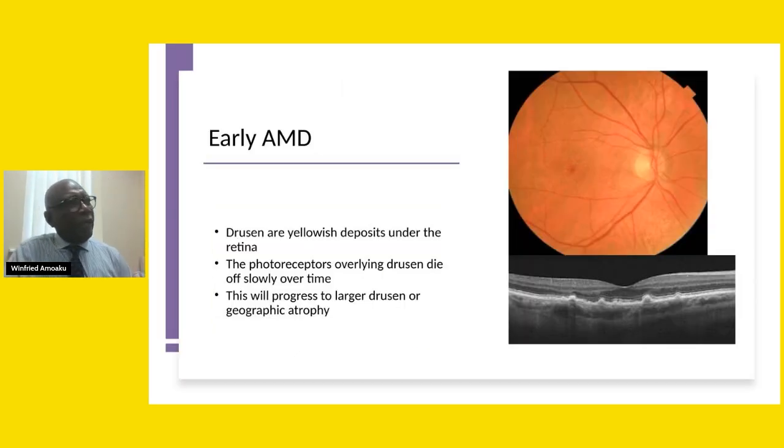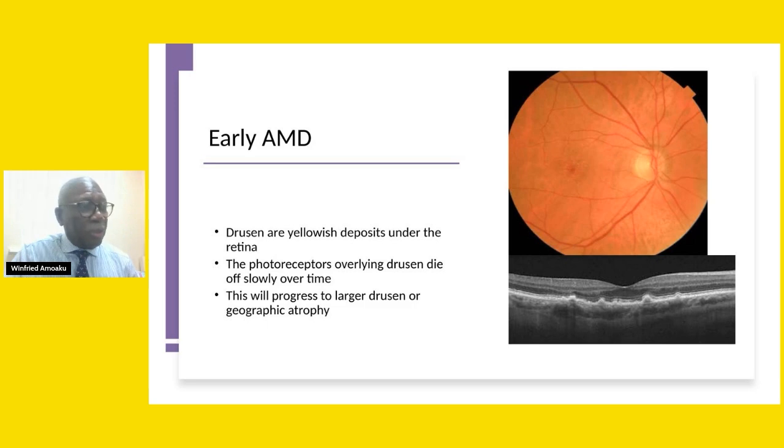Now, what about age-related macular degeneration? It's the commonest form of visual loss in the elderly in the Western world. And in early age-related macular degeneration, you have fine yellowish deposits at the back of the eye in the macula, which is shown in the top image there.